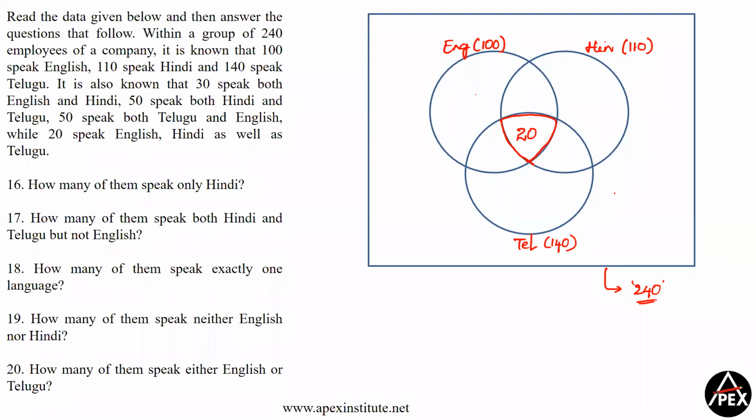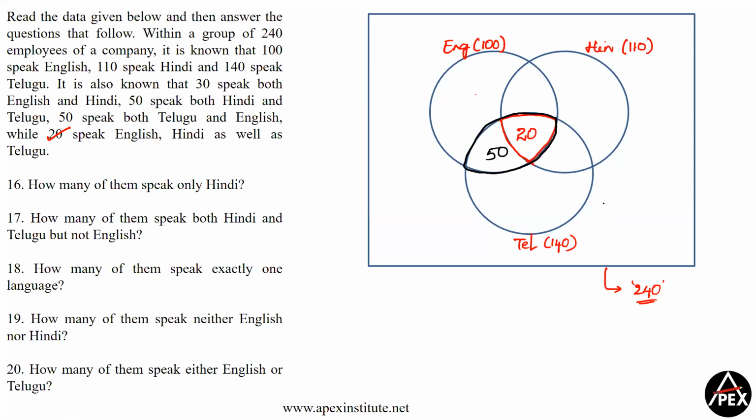Now we have considered this. Now 50 speak both Telugu and English. So what is the region common to Telugu and English? This one. This is the region common to Telugu and English. So can I put 50 here?